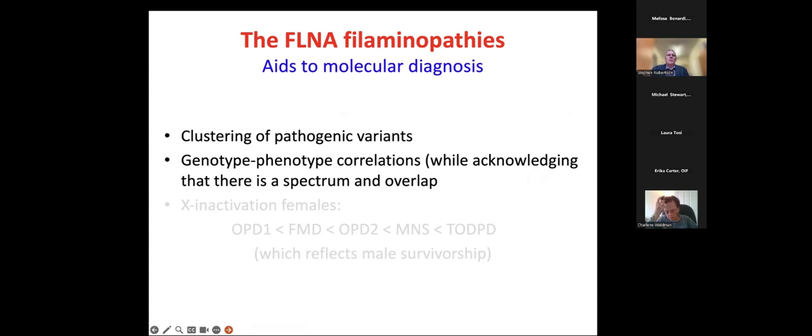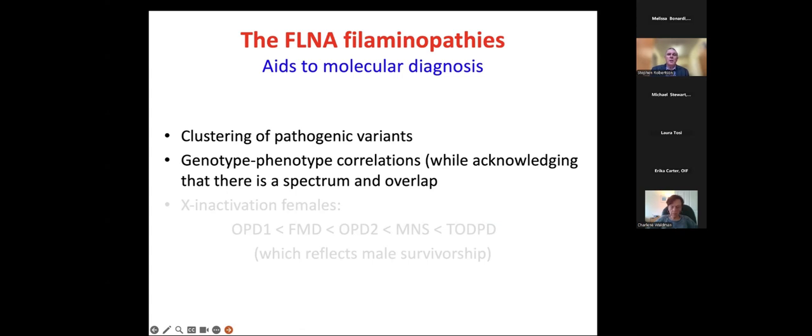So given this stretch of spectrum of abnormalities caused by mutations in this X-linked gene, what are some good aids for molecular diagnosis? Well, the first is obviously the clustering of pathogenic variants. If you have a VUS across filamin A which doesn't really fit with your clinical diagnosis, then I think you've got good reasons to be skeptical that it is perhaps causative.